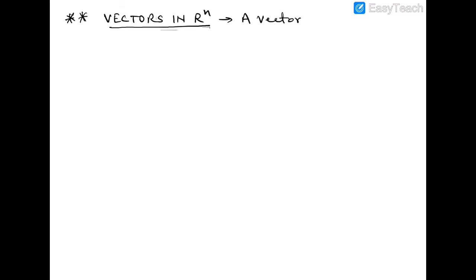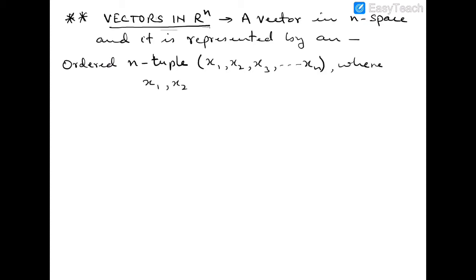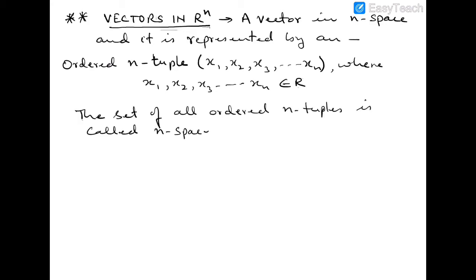A vector in Rn is a vector in n-space, and it is represented by an ordered n-tuple (x1, x2, x3, up to xn), where x1, x2, x3, up to xn belong to the real numbers R. The set of all ordered n-tuples is called n-space, and it is denoted by Rn.